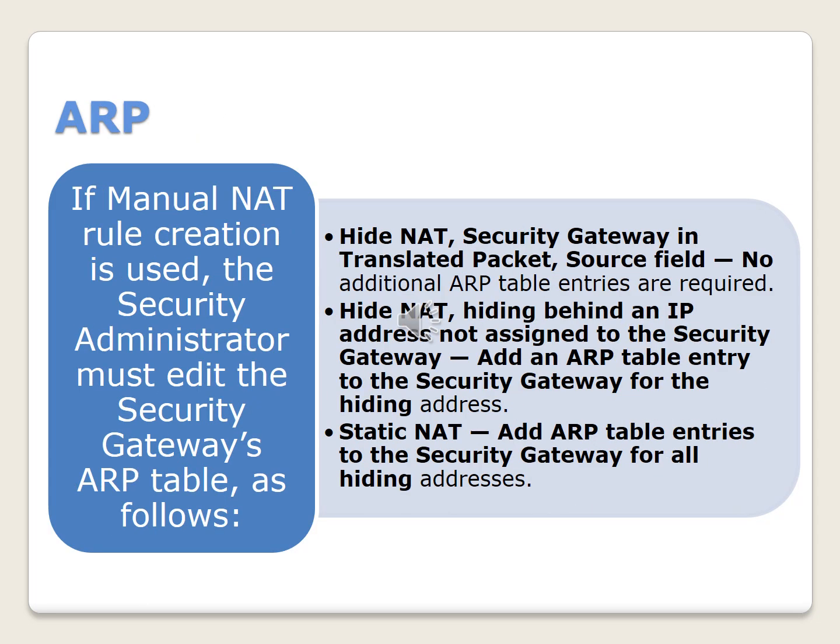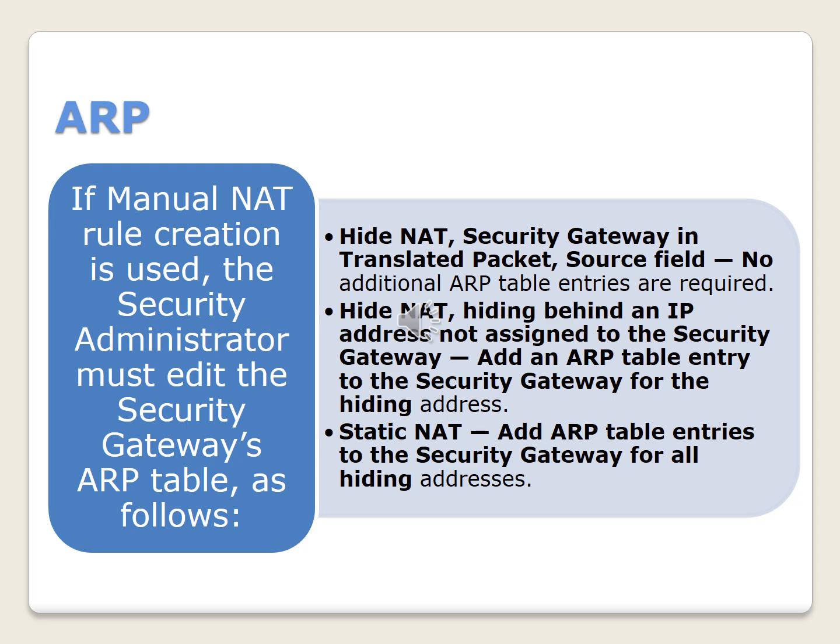ARP. When automatic NAT rule creation is used, the security gateway makes all necessary adjustments to the security gateway's ARP table. If manual NAT rule creation is used, the security administrator must edit the security gateway's ARP table as follows.